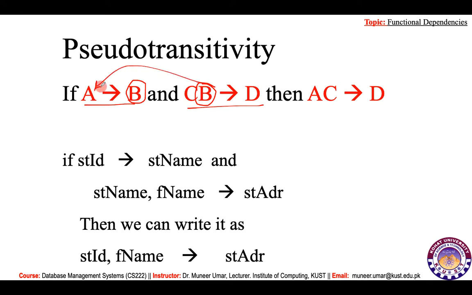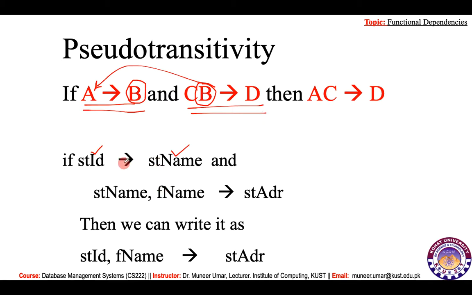So this is pseudo transitivity. Example: student ID determines the student name, according to A determines B. Then student name and father name determines the student address, according to this one.